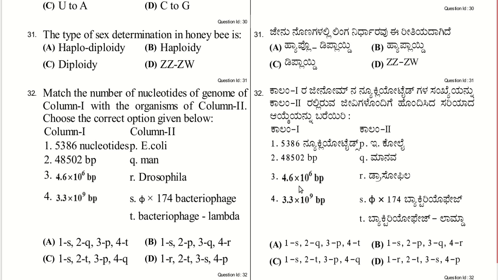So the 32nd question, the answer is the first one: 5,386 nucleotides is found in phi X 174 bacteriophage. 48,502 base pairs are found in lambda bacteriophage. 4.6 into 10 to the power of 6 base pairs is found in E. coli, and 3.3 into 10 to the power of 9 base pairs are found in man.